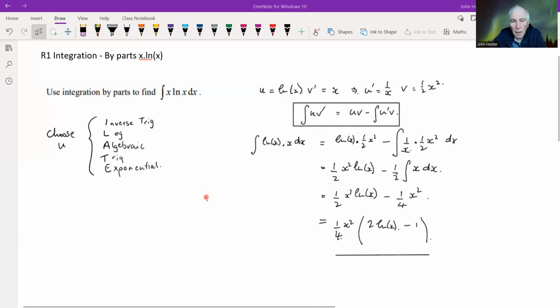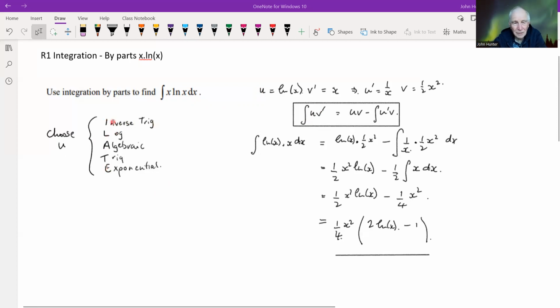All right, so we've got u's and v's in this equation. What we have to do is decide which of these factors, x or natural log of x, is going to be assigned to u, and which is going to be assigned to, well, not v, but v prime. In order to decide our u, we refer to this ISLATE list.